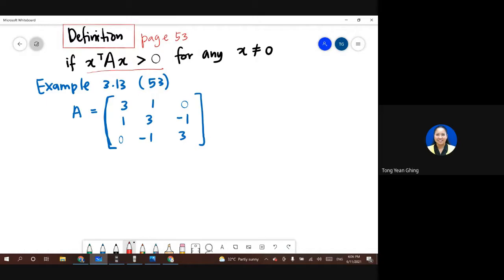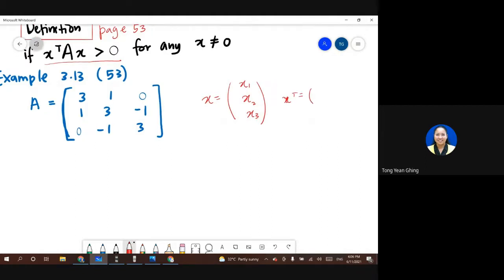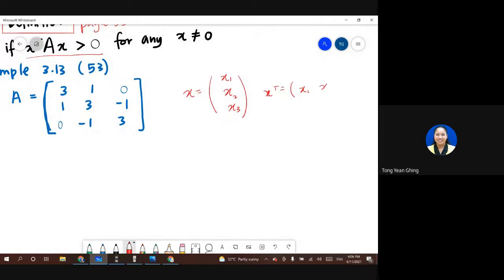For this one, X is normally X1, X2, X3. This is the matrix of X because here we have three equations with three unknowns. Then X transpose will become X1, X2, X3.